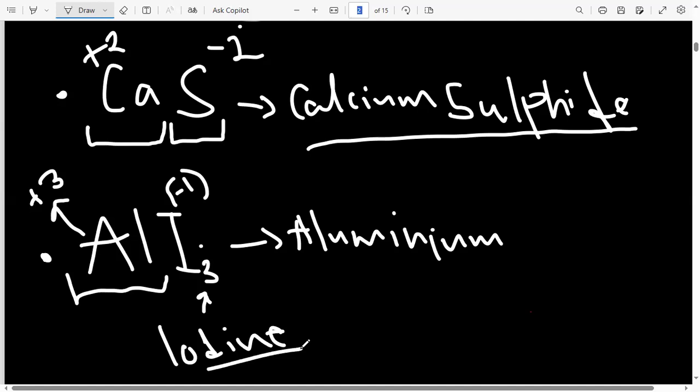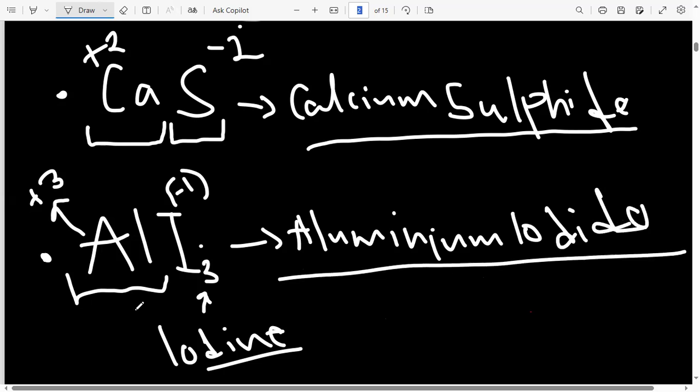Okay, so this iodine is going to change to iodide. So it will be aluminium iodide. So this will be the name of this compound here. It will be aluminium iodide, okay? So any questions there, guys? You are free to ask. Are we moving together?